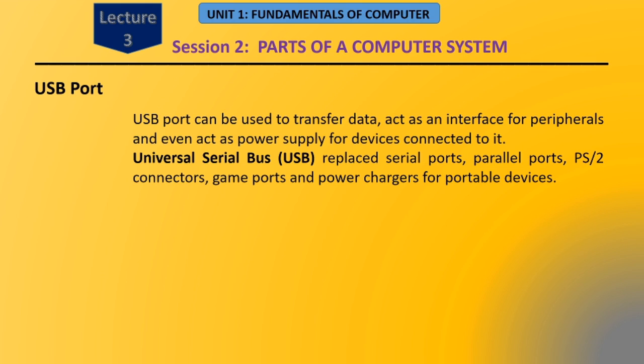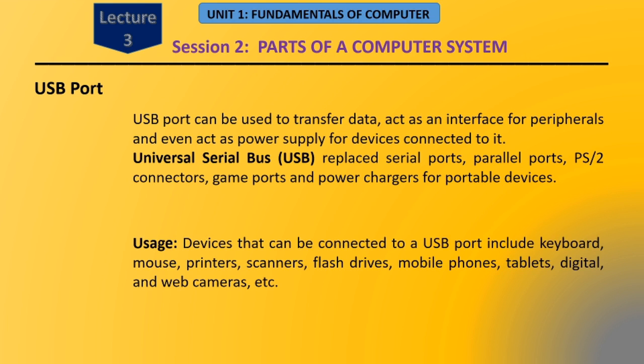That means in place of serial port, parallel port, PS2 connectors, and power charger, we can use the universal port, that is USB. Usage: devices that can be connected to a USB port include keyboard, mouse, printer, scanner, flash drive, mobile phones, tablet, digital and web camera, etc.